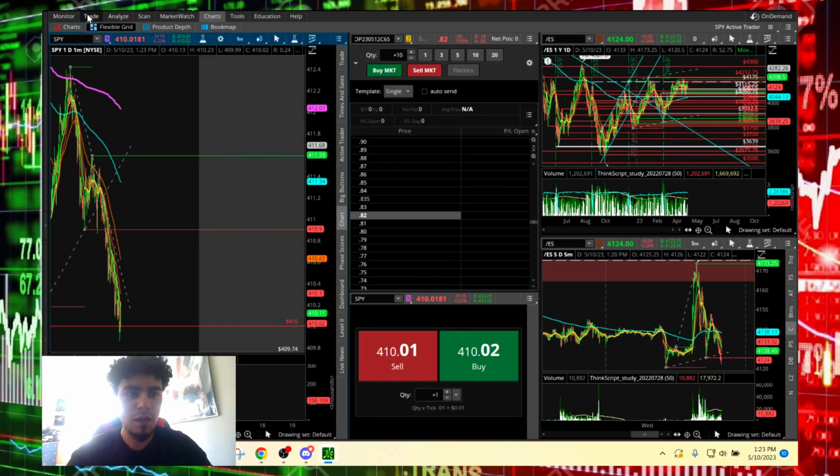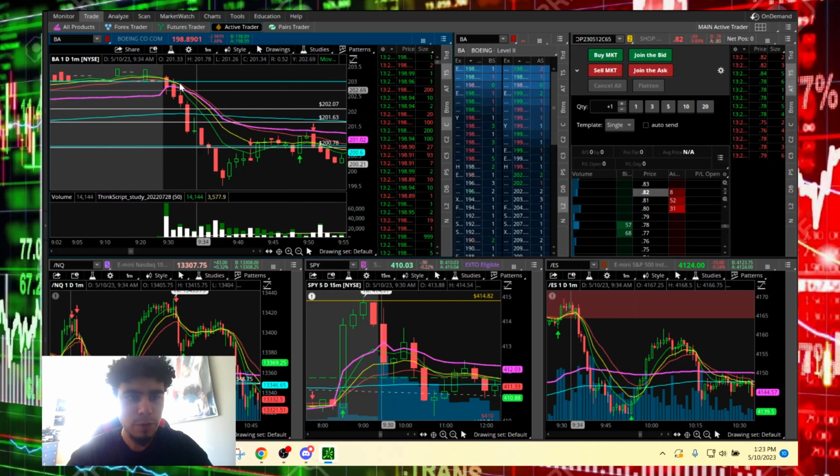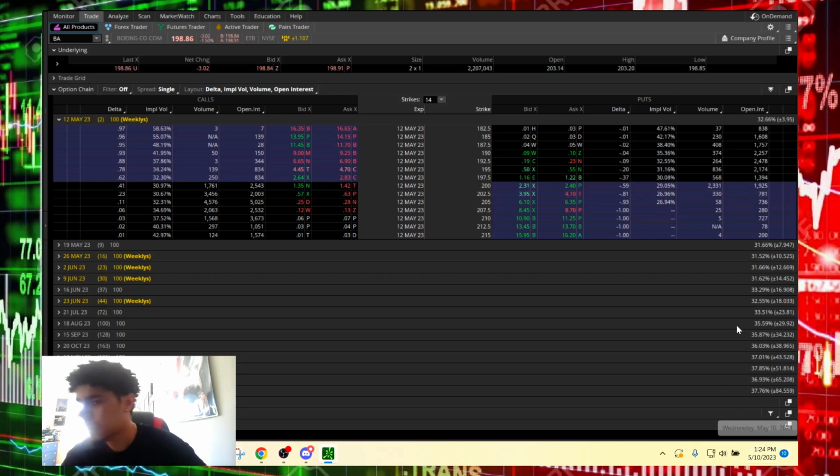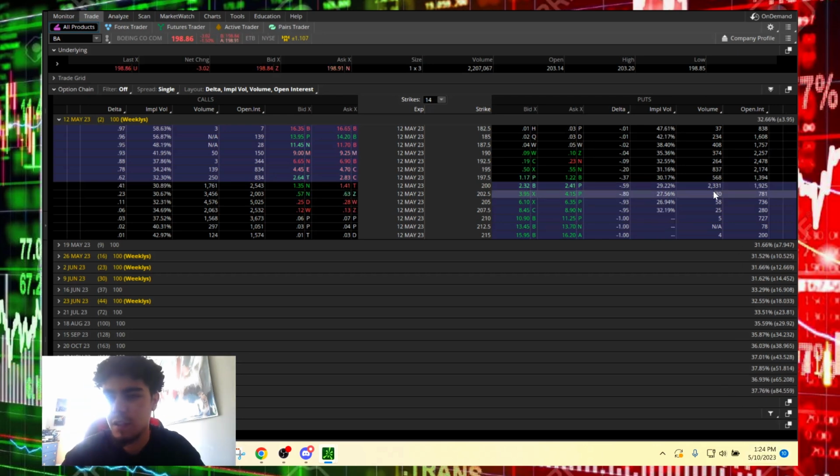So it opened at 203. So the closest puts at the money would be these 202.50s. But now look at the volume, and it's 130 right now, so the volume has established itself a lot by now. Off open, this was probably single digits, maybe 10, 20 contracts.